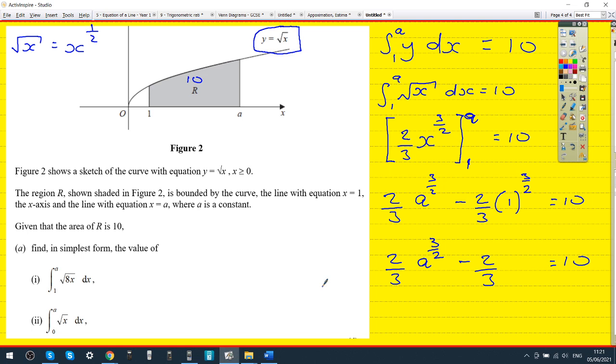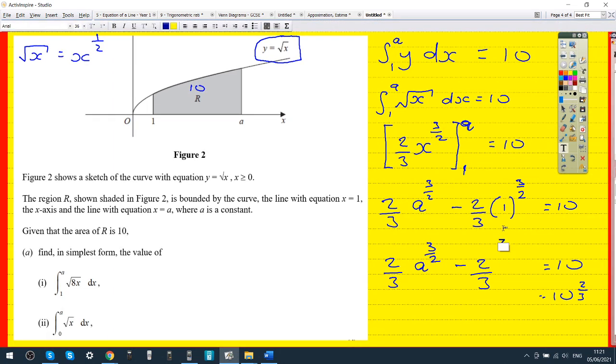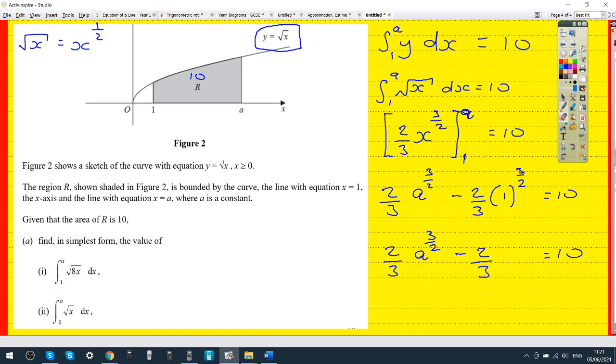And then the 2 over 3 is going to cancel out. Nope, BIDMAS. Oh, it's because it's multiplying, isn't it? So could you add 2 over 3 on both sides? Yep. So that's 10 and 2/3, which is 32 over 3.